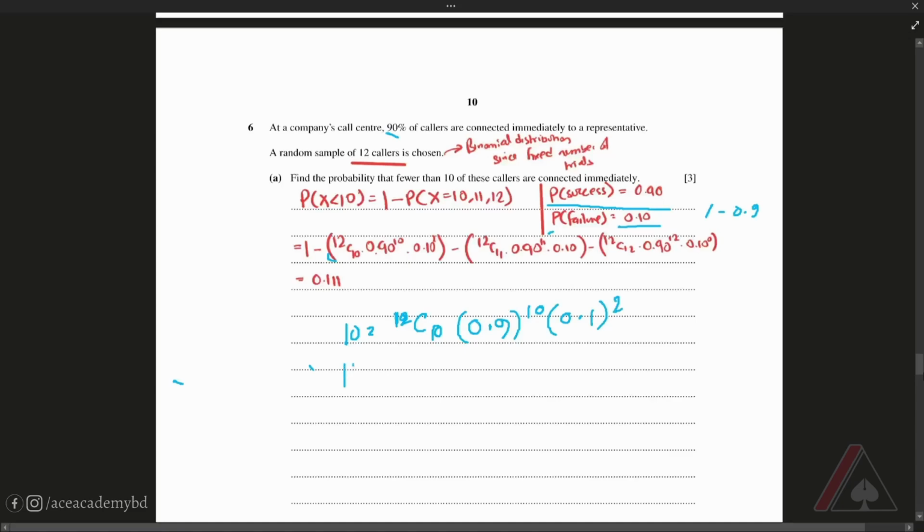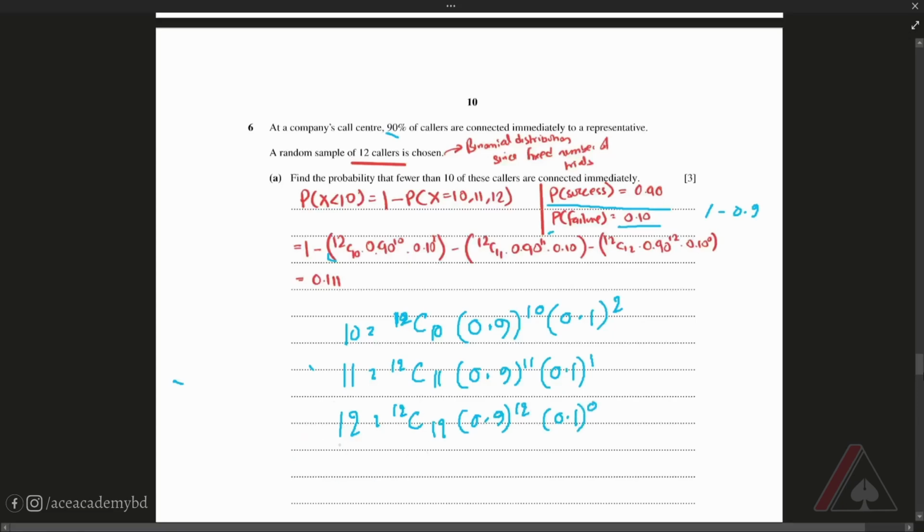And the probability of 11 callers being connected would be 11 connected and 1 failed. And another probability for 10 or above would be all 12 callers being connected successfully. So there we go, they were all connected successfully.